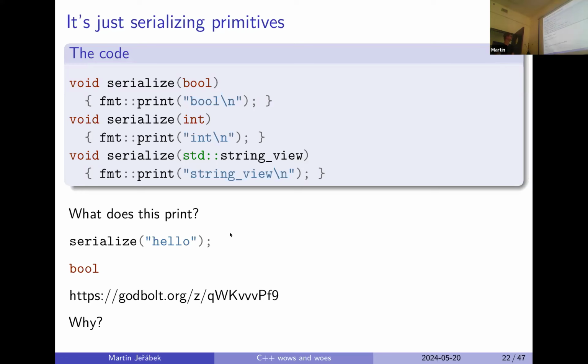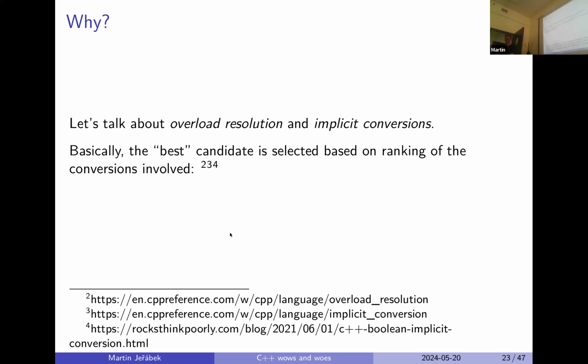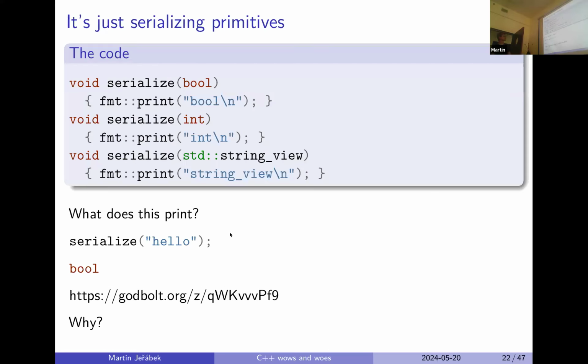Because, let's talk about overload resolution and implicit conversions. We'll have to go into the standardese a bit. How C++ does that is, because none of the overloads is an exact match, there has to be some conversion, because this is basically something like a pointer to const char.